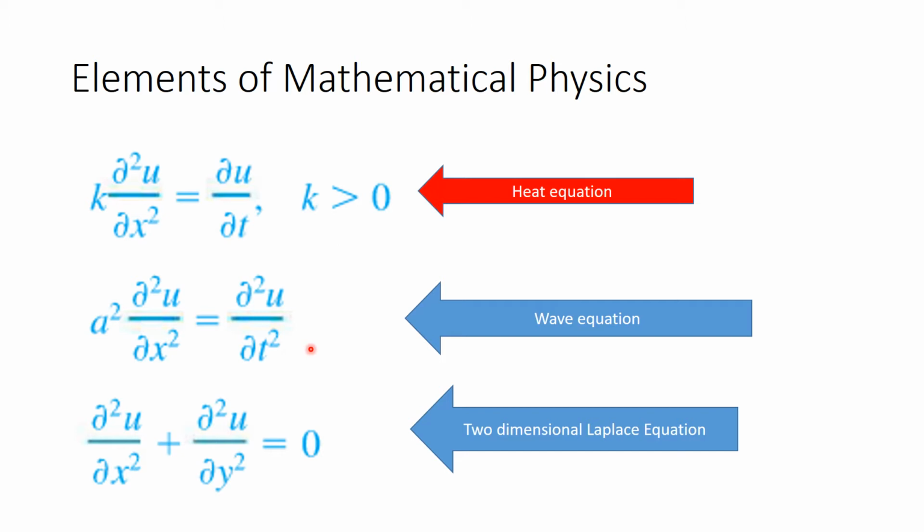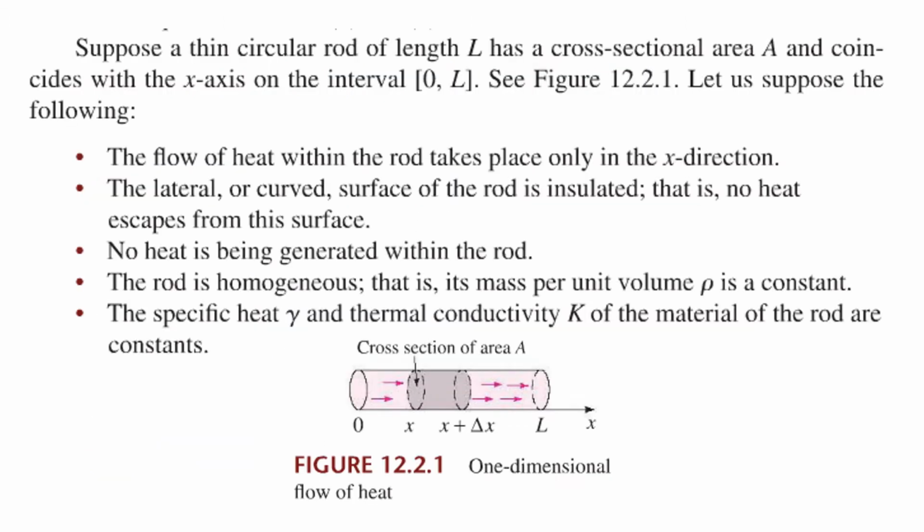There's also the wave equation, and there's a two-dimensional Laplace equation, which is a solution in the two-dimensional plane for having heat conduction if you have 0 temperature on the boundary of the disk that you're studying. So back to talking about the heat equation then.